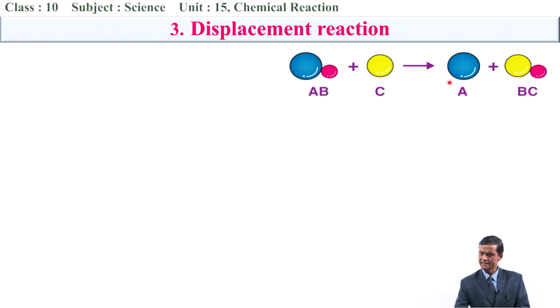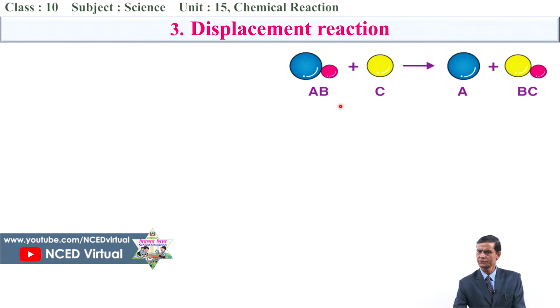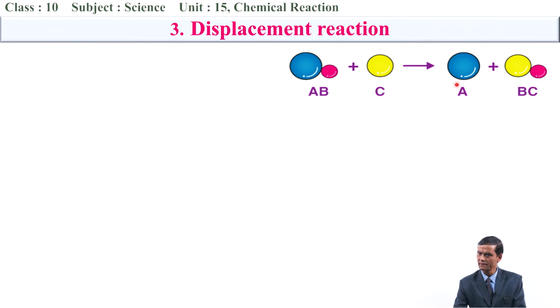A is released, A is displaced. The place of A is substituted by C. So instead of AB, there is BC, isn't it? BC, understood? B and C are combined and A is displaced. So here only one substance or a radical or ion is displaced.